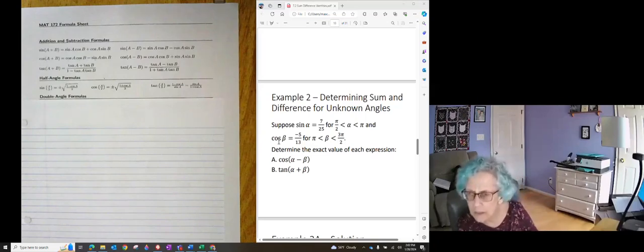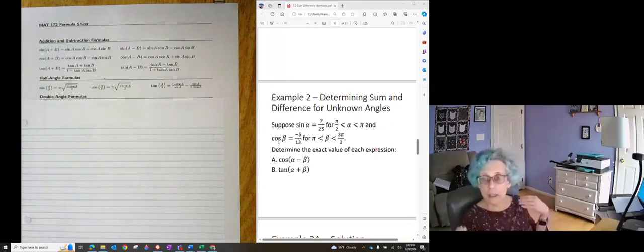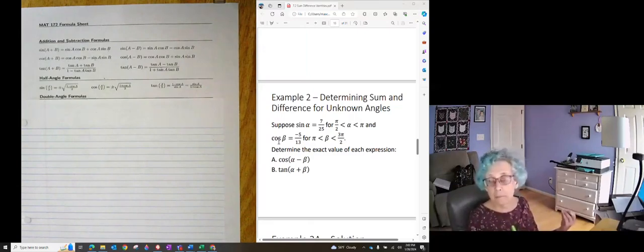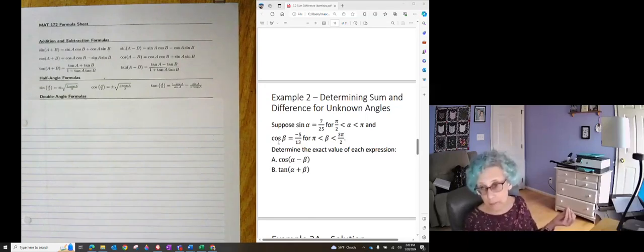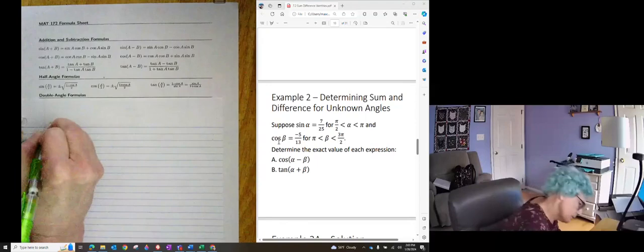And let's see, we have sine of alpha and we have cosine of beta. So what I would like to do is figure out cosine of alpha and sine of beta, and then I can use those to find tangent of alpha and beta. So this is a job for our Pythagorean identity. See, example 2.